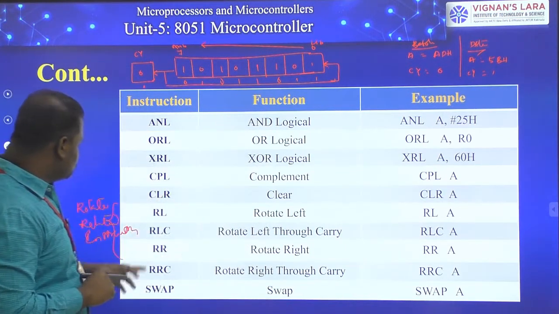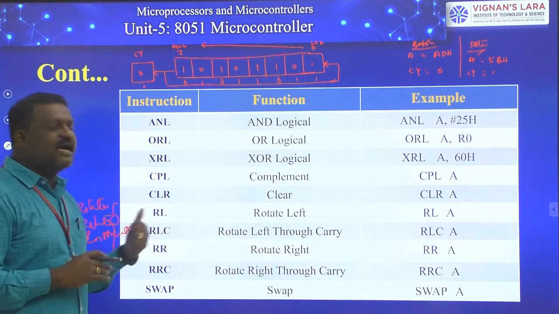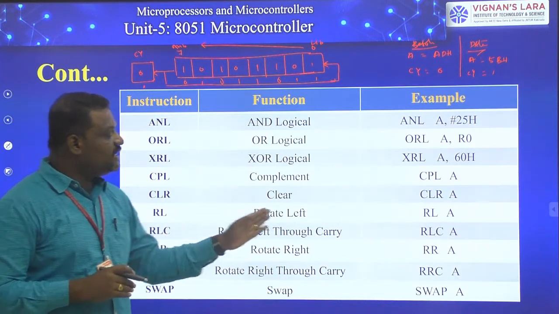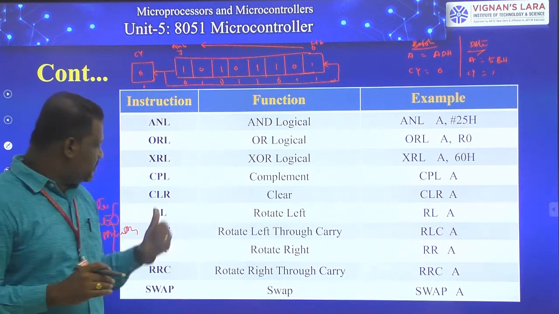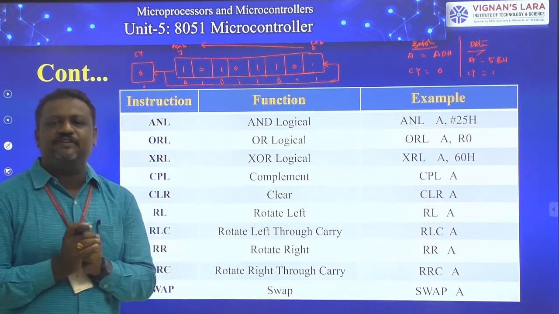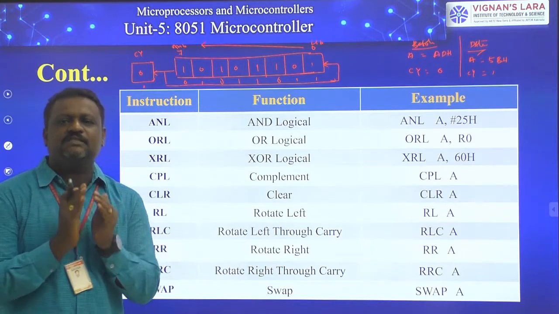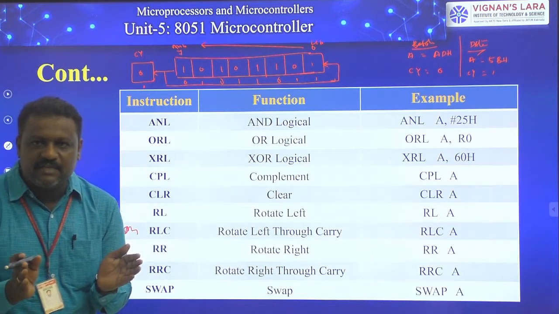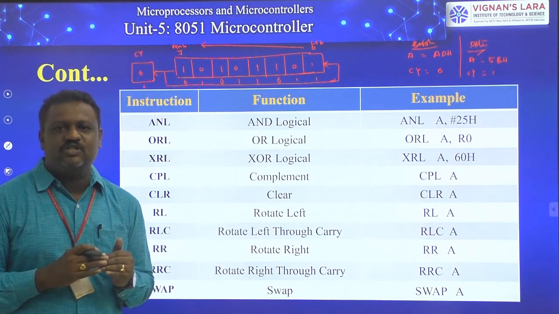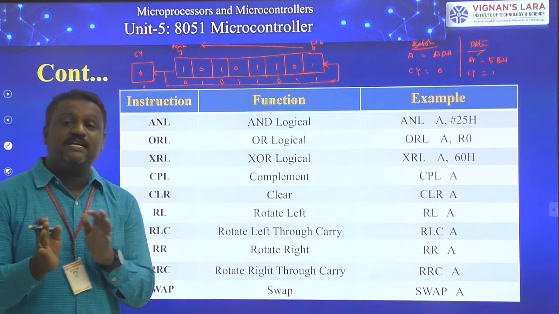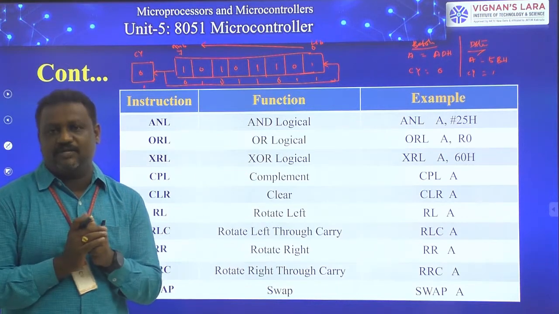Next, coming to my next instruction, RLC, which means rotate left through carry. It is similar to the previous one, with only one difference: in the previous case the carry flag was not involved in the rotation operation, but in this instruction execution, the carry flag also participates in the rotation operation.